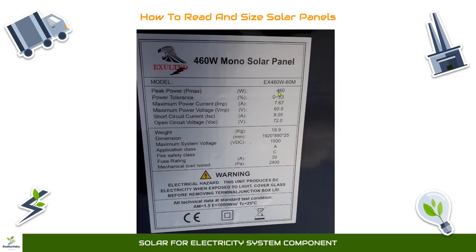You may go and calculate 460, and let's say you have exhausted the capacity of your device. Let's say your solar controller or inverter can take up to 1000 watts, and you have 2 panels. So you went and got 460.